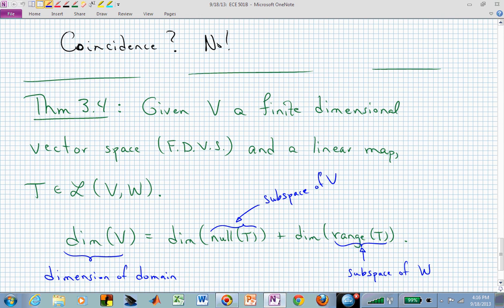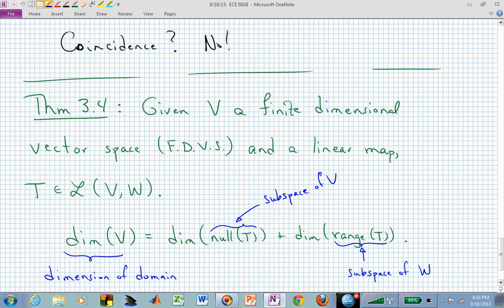FDVS, and a linear map T that's mapping V into W, a domain into a codomain, then we have this relationship among the different parts of that linear map.